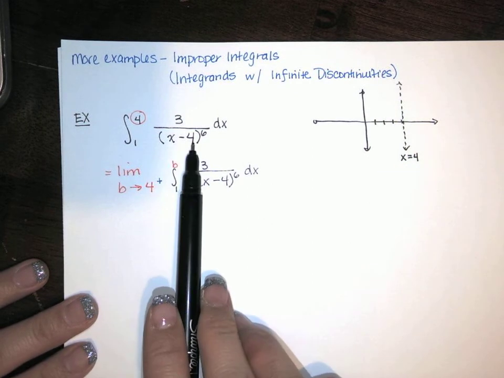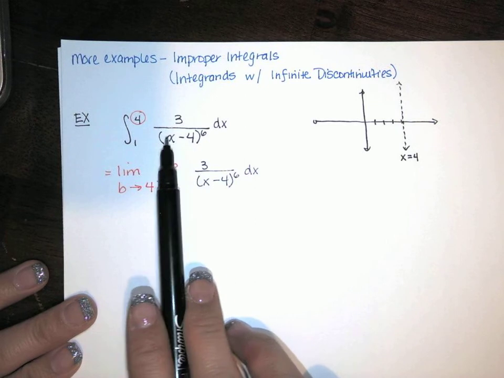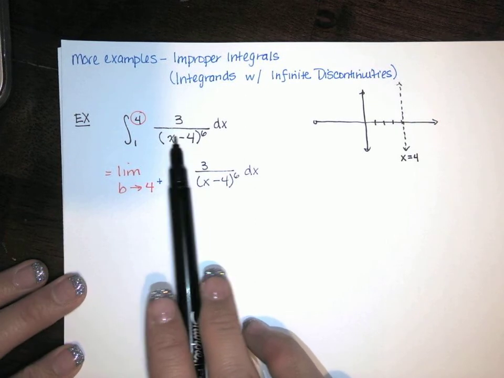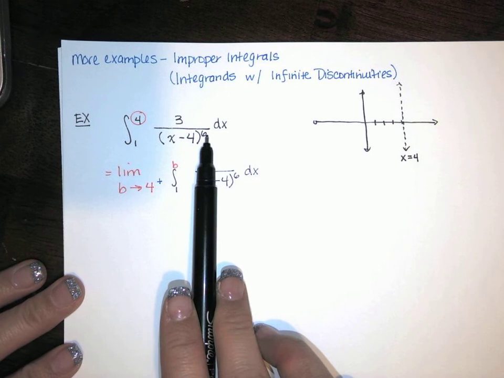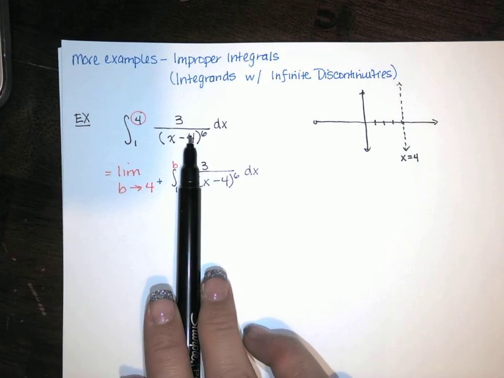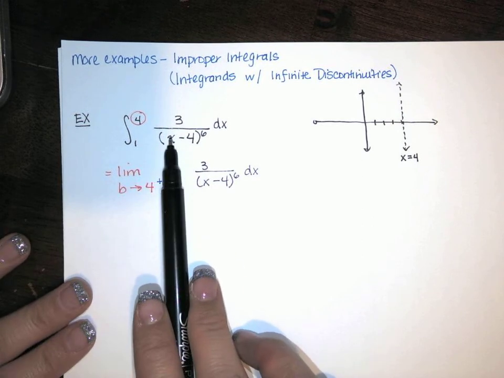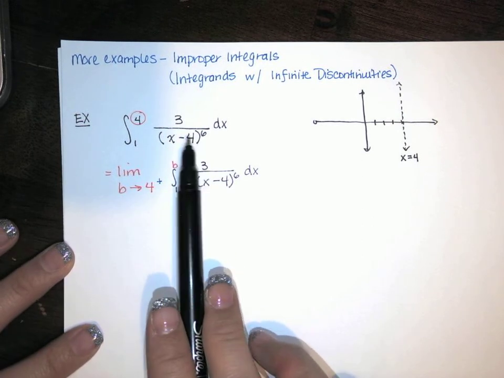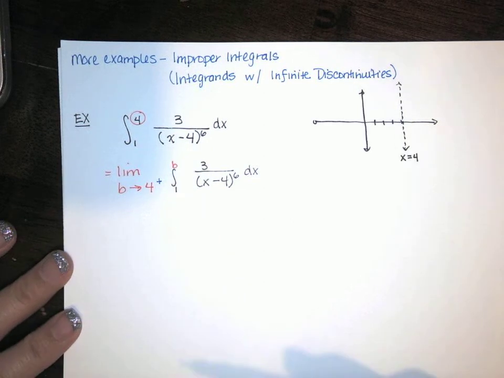Now if x isn't 4, if this number x minus 4 is positive or negative, it doesn't matter. If I take that number and I raise it to the 6th power, a positive times a positive six times is a positive. And if I multiply 6 negatives together, the negatives cancel in pairs, so it's a positive. So this is a positive number in the denominator, and I've got a positive number in the numerator.